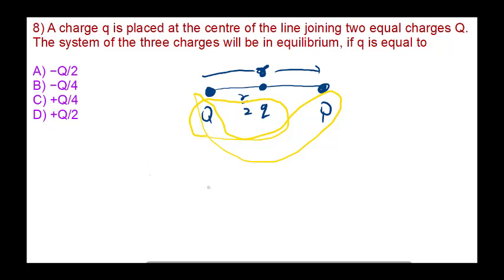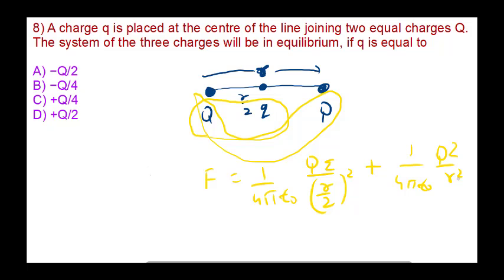So the total force F would be, the force between this small q and capital Q is 1 upon 4 pi epsilon 0 qQ upon r by 2 the whole square, because the distance is r by 2. Then plus, between these capital Q's, 1 upon 4 pi epsilon 0 Q square upon r square.